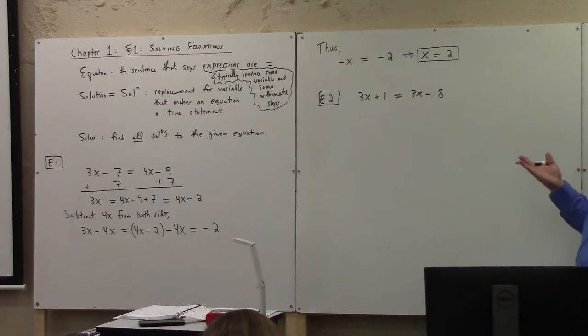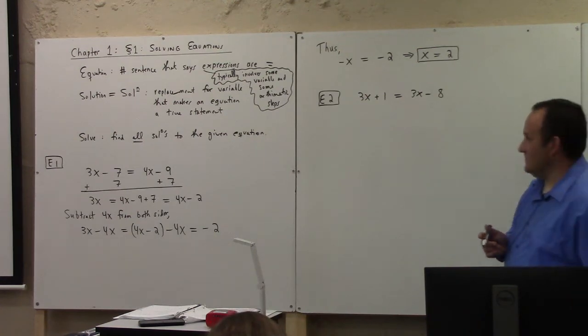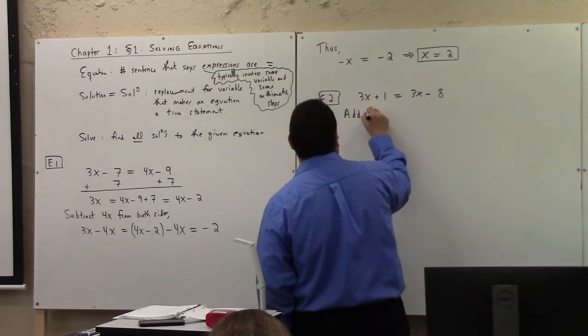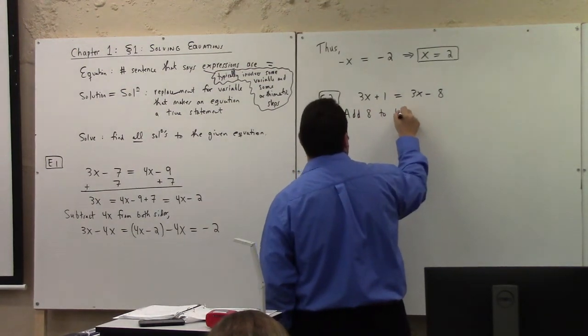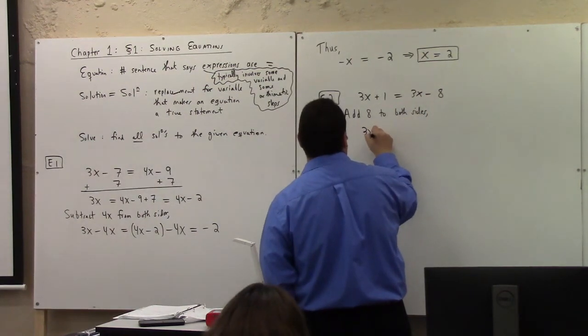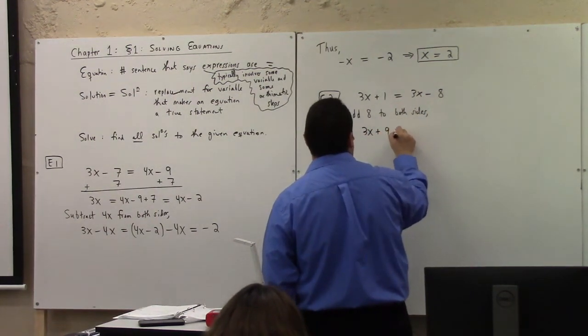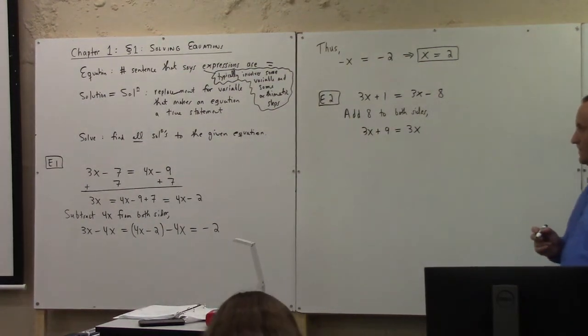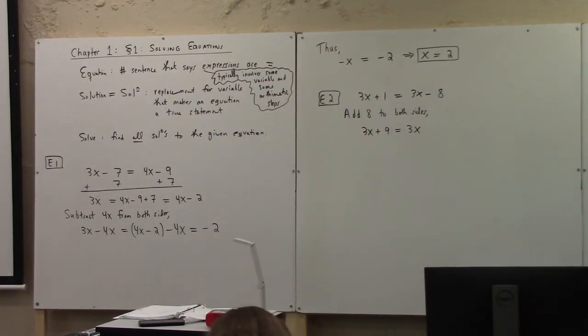So what should I do? Add 8 to both sides. I like it. So I'm going to write down here, add 8. That gives us 3x plus 9 equals 3x, right? And then how about I subtract 3x from both sides?